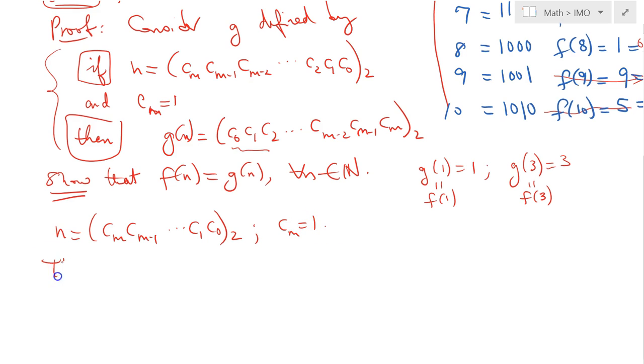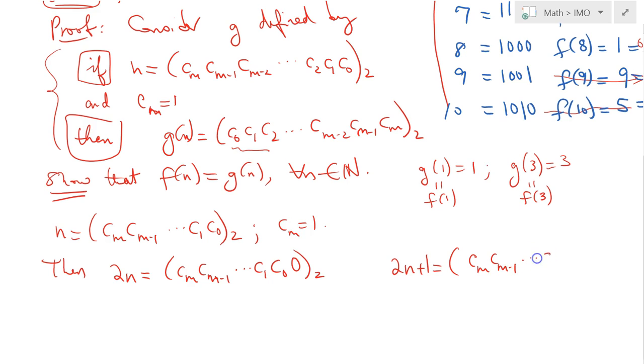Then let's observe what's going on. 2n is simply shifting all these digits to the left, C_m, C_{m-1}, ..., C_1, C_0, and it will simply add a 0 at the end. Then 2n plus 1 is similar, except that at the very end you will have the digit 1 instead of 0: C_1, C_0, 1 in binary.